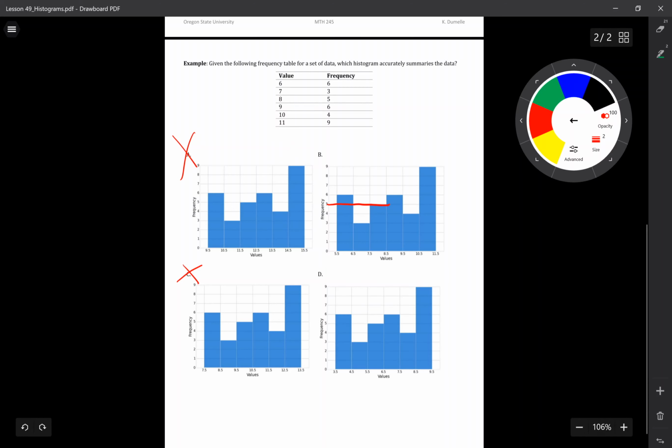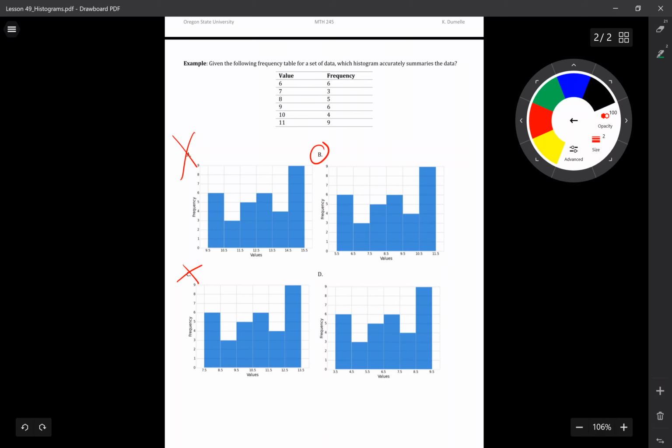I want the value 9 to have frequency 6. 9 is right here between 8.5 and 9.5, and it does have frequency 6. We want 10 to have frequency 4. We're good there. And finally, we want 11 to have frequency 9. So we're good there. So B is our answer.